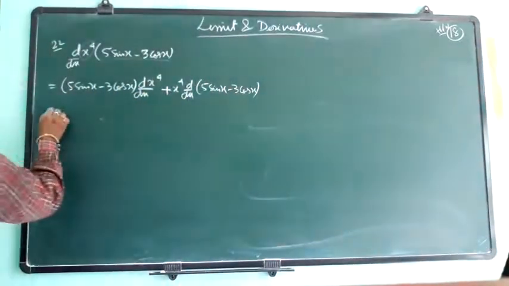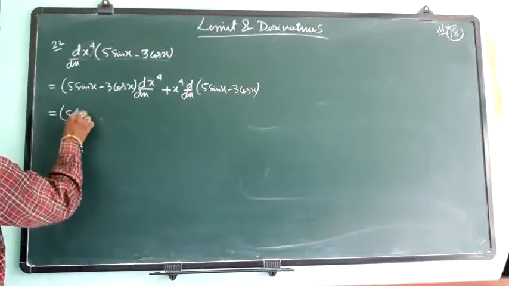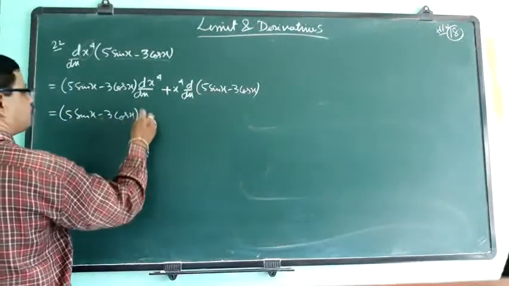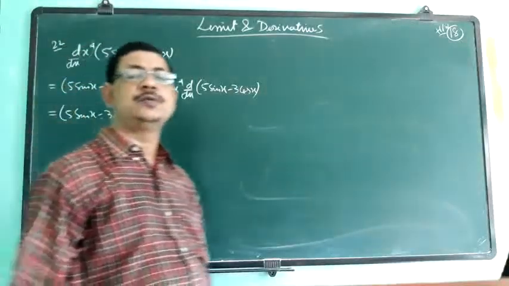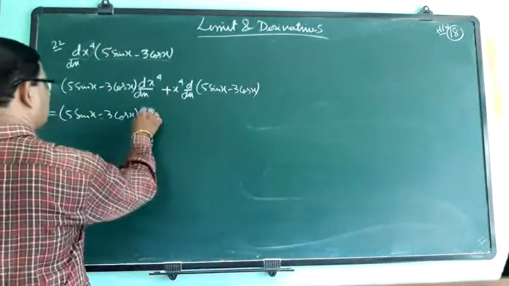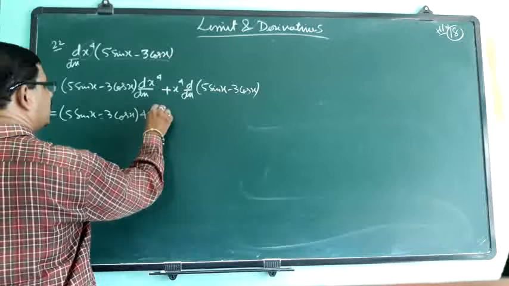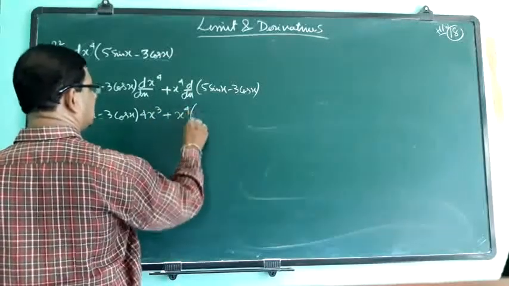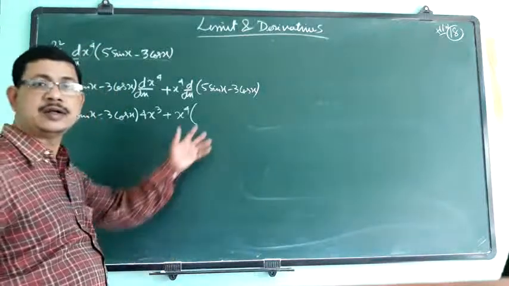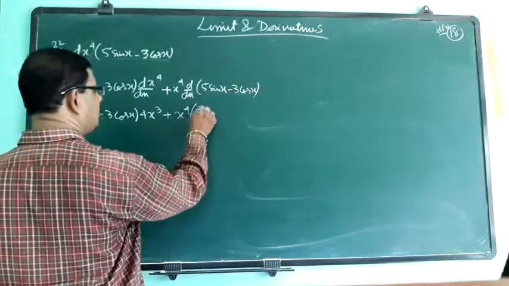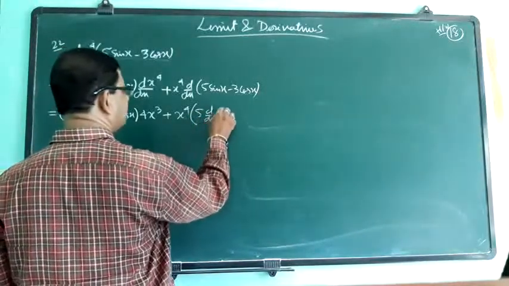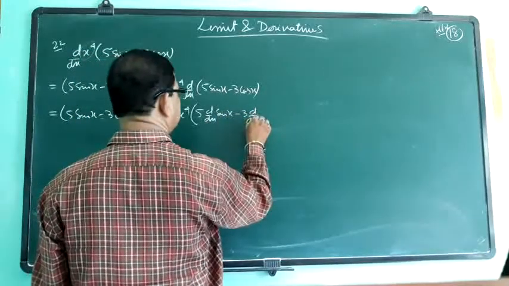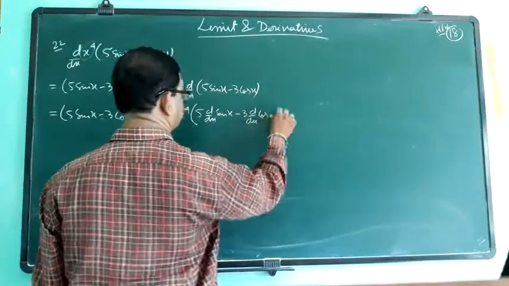Now differentiation of this one is the x to the power n formula, n x to the power n minus 1. So it will be 4 x to the power 4 minus 1, that is 4 x cube. Now d/dx will enter into each term and it will be 5 d/dx of sin x minus 3 d/dx of cos x.